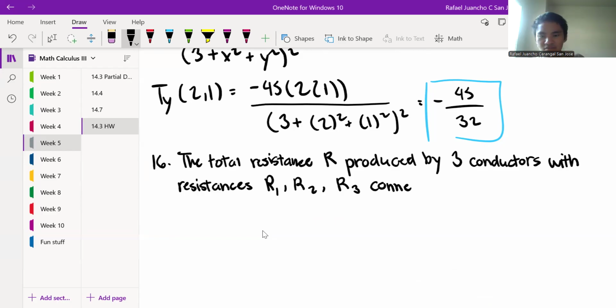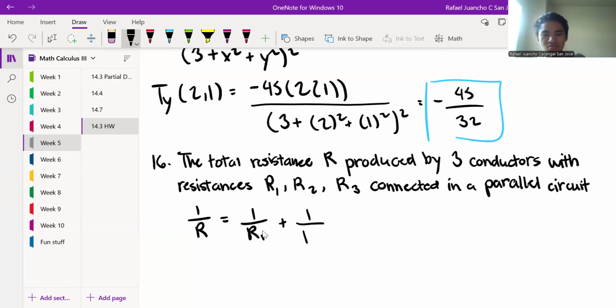Okay, this is some science class. And so that's a formula: 1 over R is 1 over R sub 1, plus 1 over R sub 2, plus 1 over R sub 3.